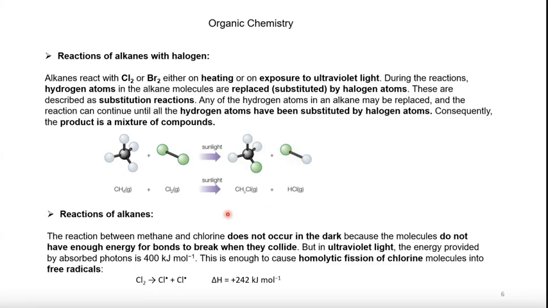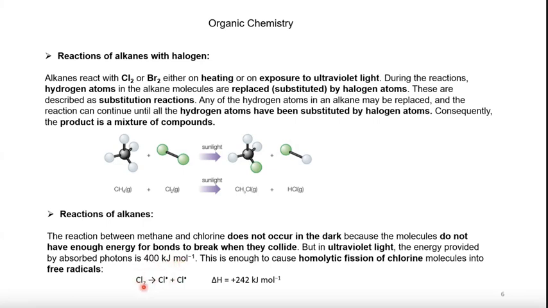We can talk a little about the reaction mechanism, how it happens. They will not react in the dark, but they do react if we supply enough energy to break the bond, and this energy can be given by ultraviolet light, that is from sunlight. If we keep it in sunlight, the energy absorbed is by a photon of 400 kilojoules per mole.